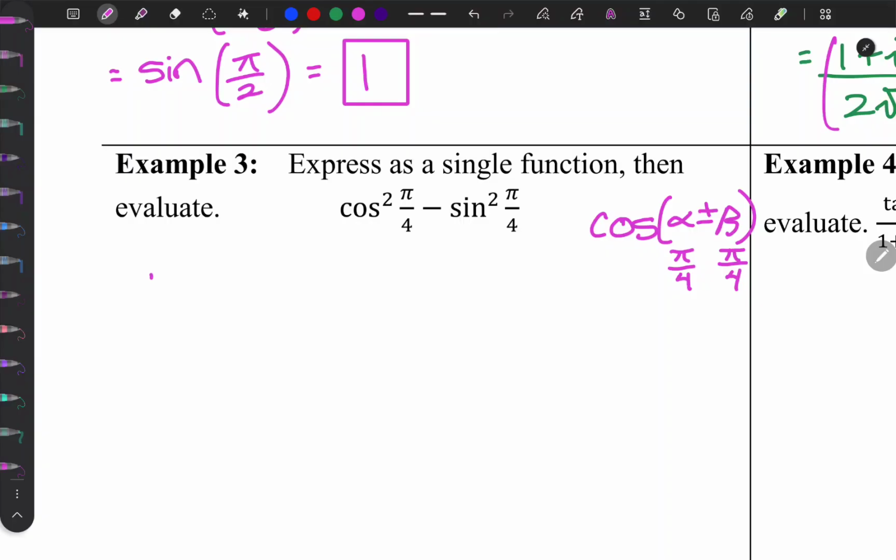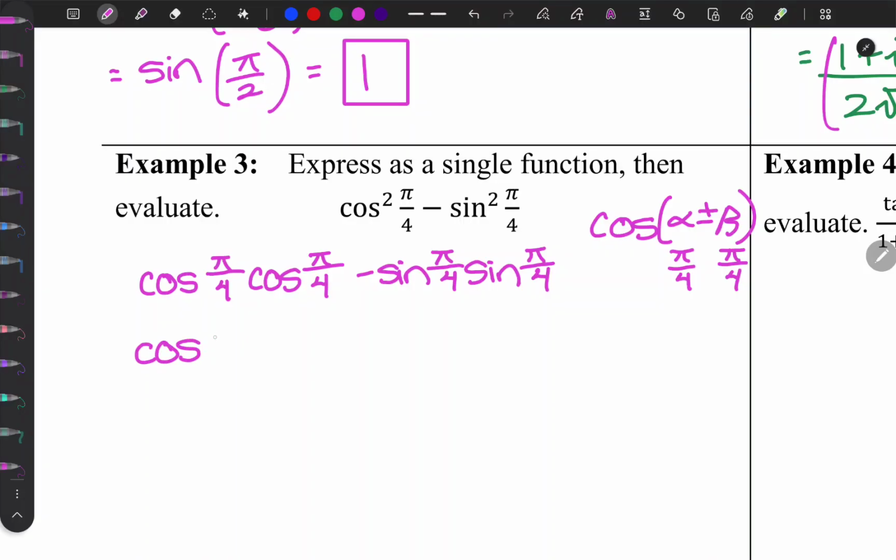So if we wanted to rewrite this to make that a little bit clearer, you could think of it as cosine pi over 4 times cosine pi over 4, because that's essentially what cosine squared pi over 4 is. And then minus sine pi over 4 times sine pi over 4. And if we match that to an identity, we can see that is the additive identity for cosine. So that's going to be cosine pi over 4 plus pi over 4.